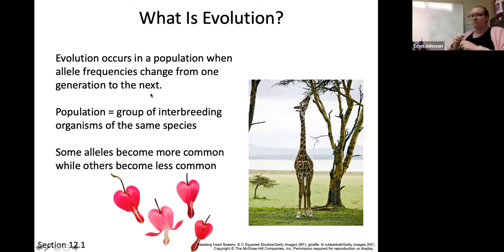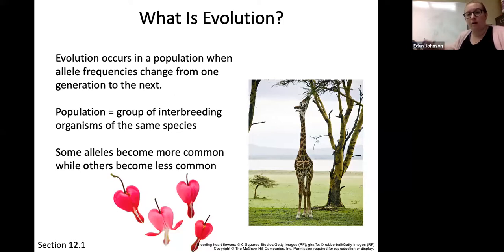Now, if you'll remember from BISC 102, okay, you had a whole genetics section in BISC 102 and talking about alleles, okay? So what are alleles? I want you to remember back to that genetics section. So alleles are just different versions of a gene. And we can think about this really easily with humans. Everybody has genes, no matter who you are. You have genes for eye color.